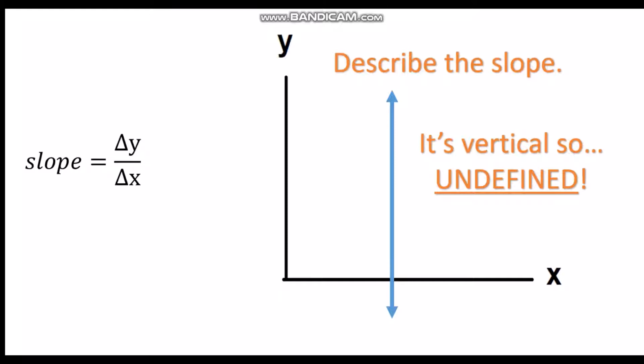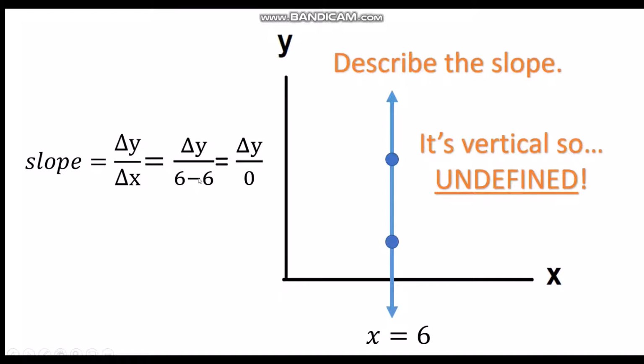Let's say you have 2 points on our line, and you consider our delta x, the distance between these 2 points in the x direction. That distance is 0, right? That distance is 0.